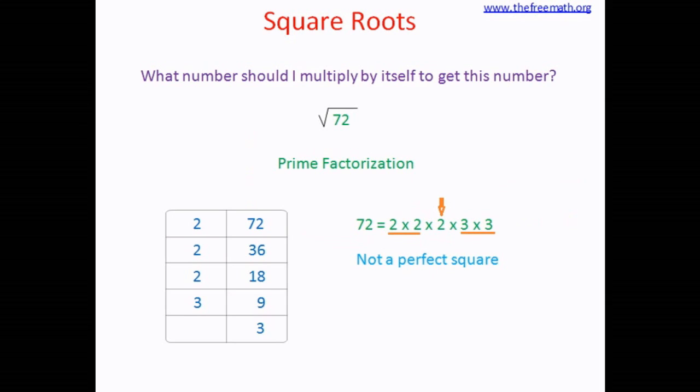I can see that in the units place, the digit is 2. This number ends with 2. That means it is not a square number. We know that if any number ends with the digit 2, it will not be a perfect square. So I can just look at the number 72 and I can say that it is not a perfect square.